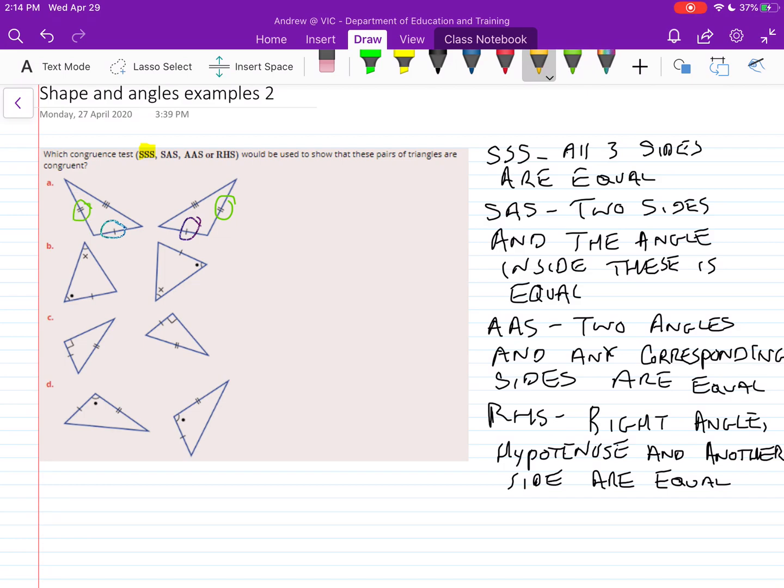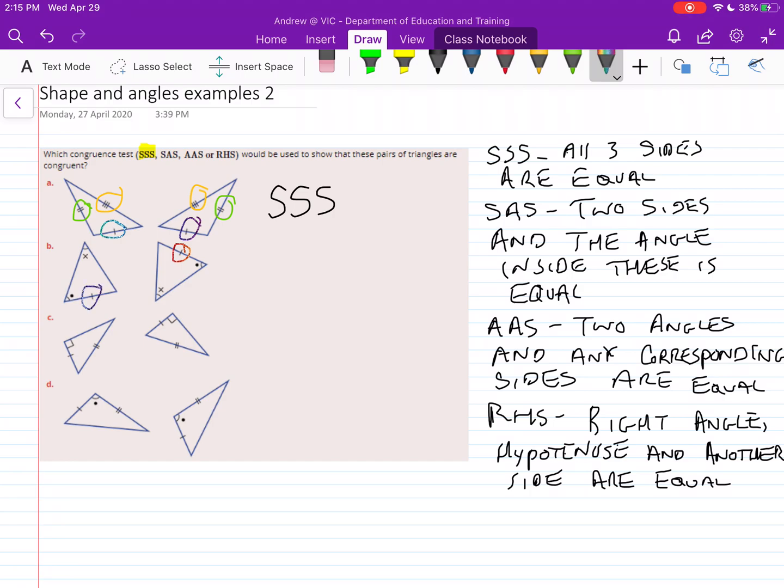And then the one with 3 is the same as that one there. So this one actually just looks like a bit of a mirror image of it. So this one is congruent from SSS because we've got three sides that are the same. So this one is SSS.